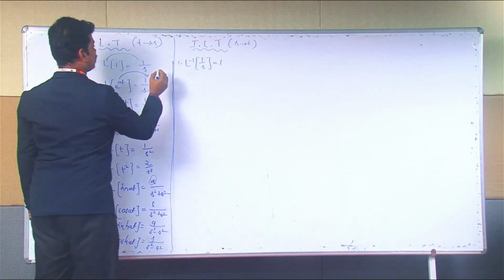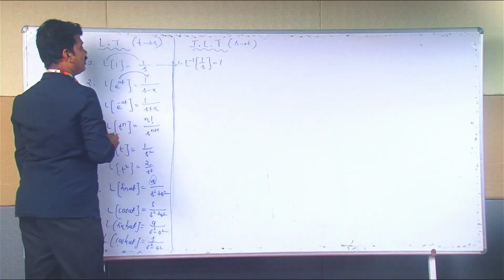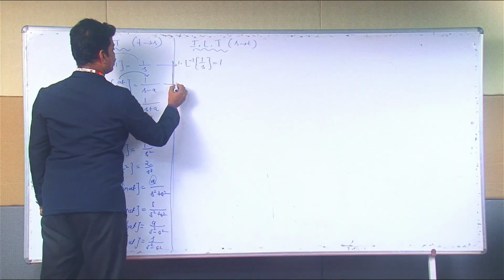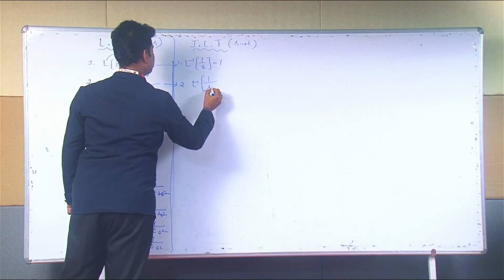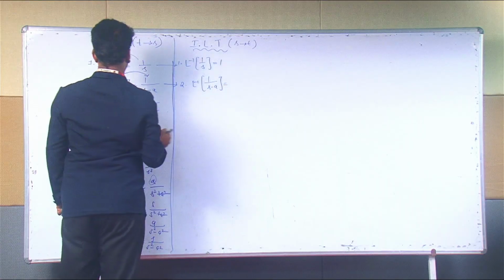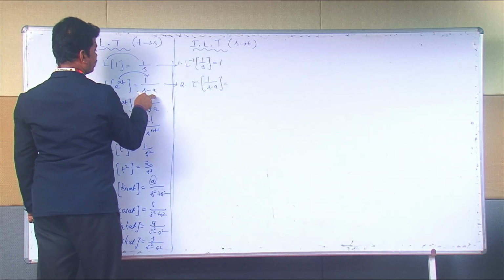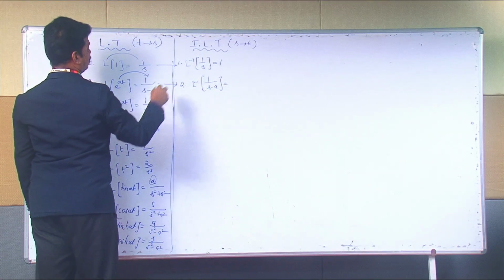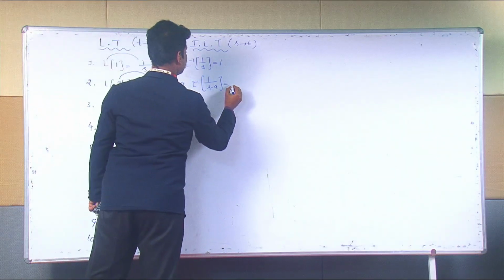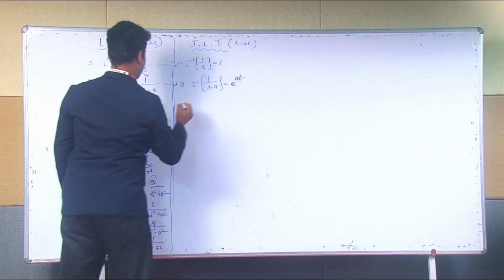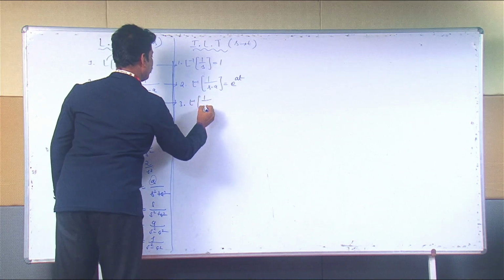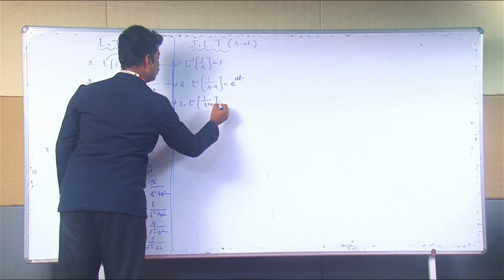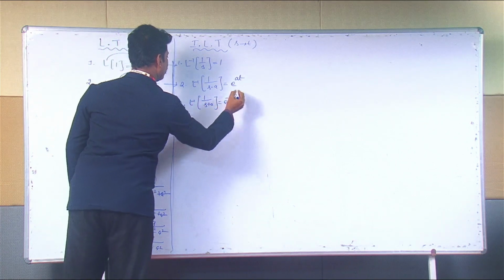Look at that, there is a relation between Laplace transform and inverse Laplace transform. And the second one is L inverse of 1 divided by s minus a. So, here is the question, here is the answer. Here the question will be the answer, right? So, what is the answer? This is e power at. And third one is L inverse of 1 divided by s plus a equals e power minus at.